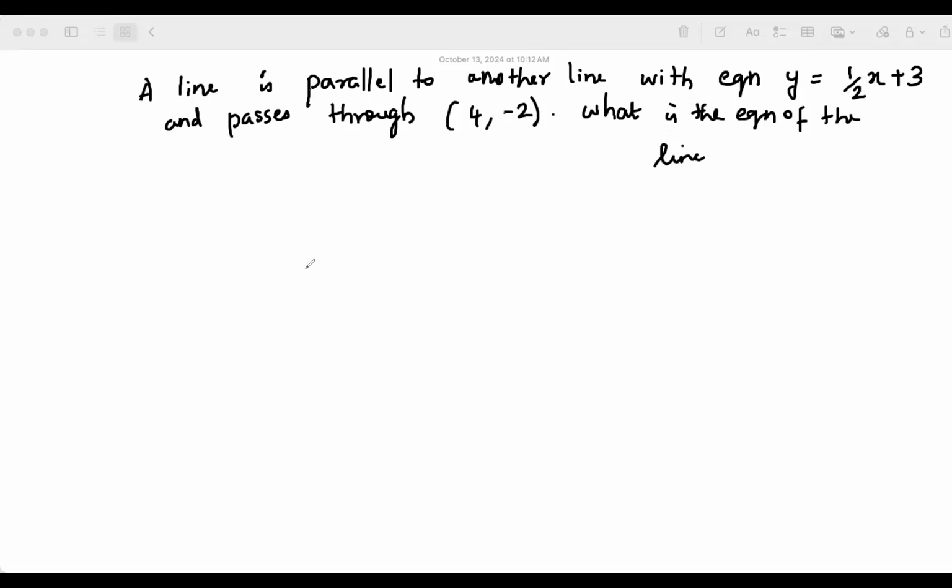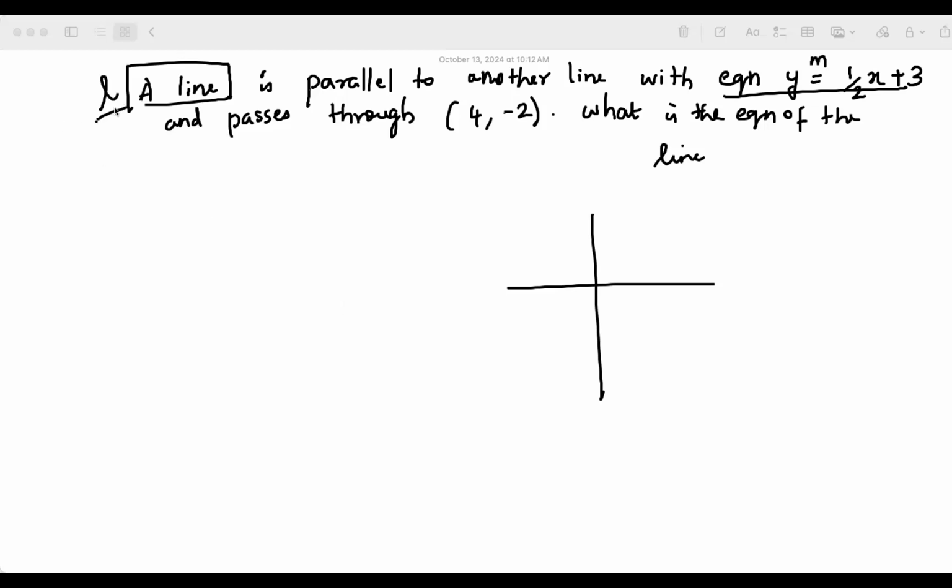What does it mean? This line is parallel to another line with an equation. I'll call my line L, and the other line with the equation is M. I want to find the equation of line L, which passes through 4 comma minus 2. Let me draw.